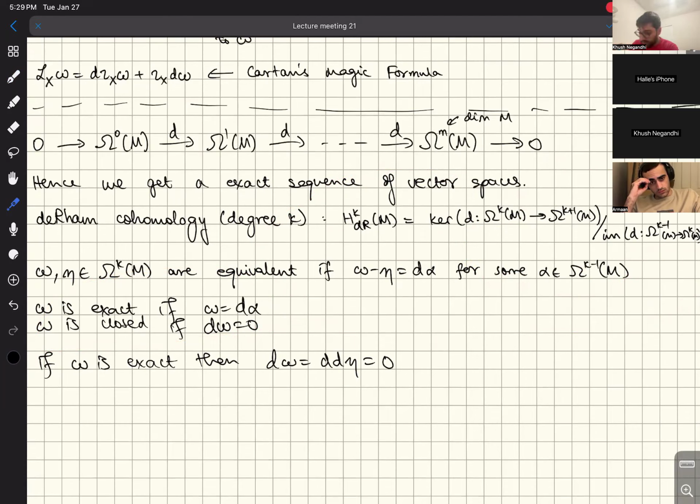One point to note is that if M is compact, then these vector spaces are finite dimensional. It is an extremely non-trivial fact to prove, but it is a useful one.